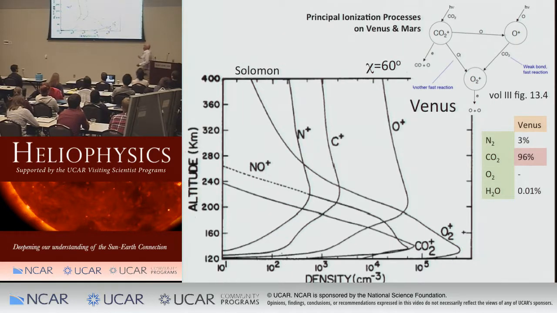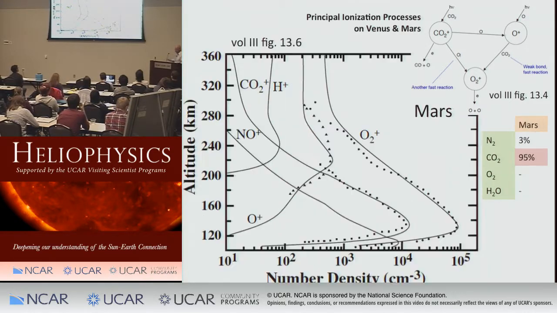What really matters then is this diagram, which becomes a little different. You have carbon dioxide creating the oxygen, but you have singly ionized oxygen as well. And so you get concentrations that look sort of different down here, but oxygen plus up there. And you're going to get basically ionospheres on those other planets.